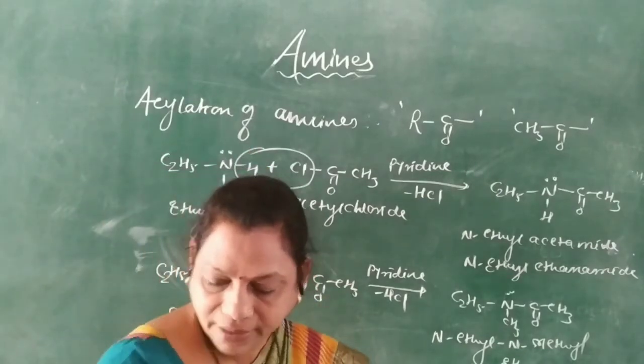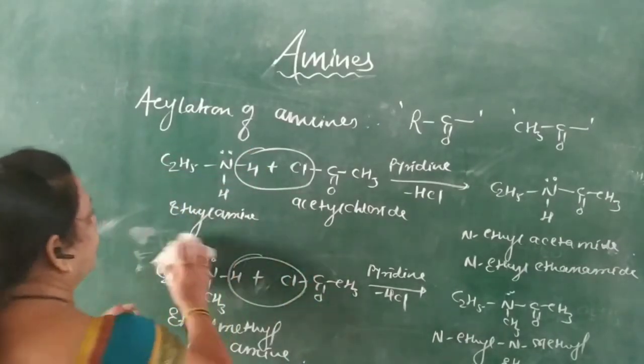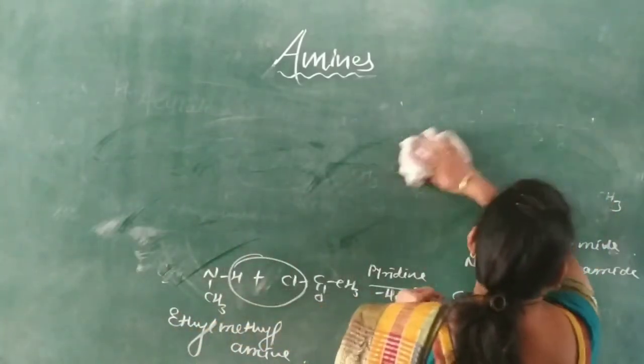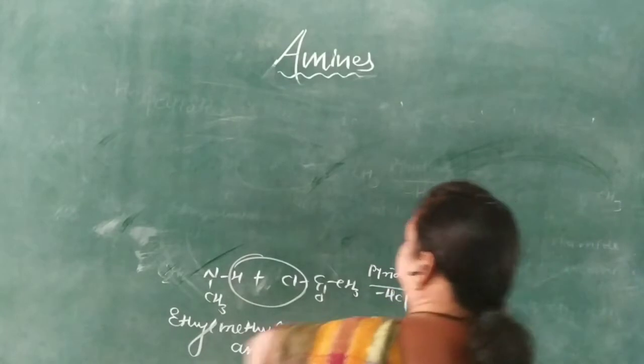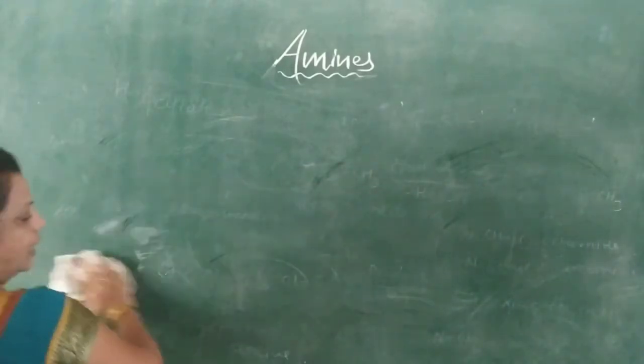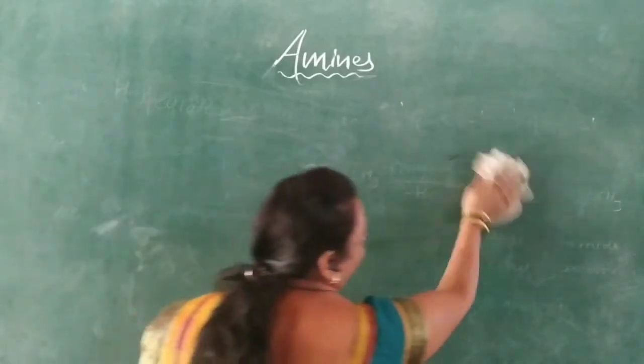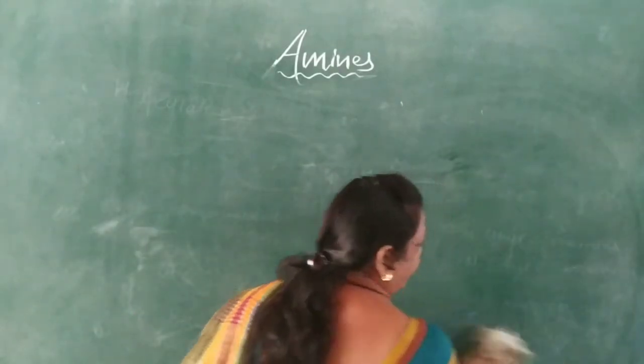Okay, next one, that is the carbylamine reaction. In the carbylamine reaction, alkyl or aryl isocyanides are prepared, means they are obtained.